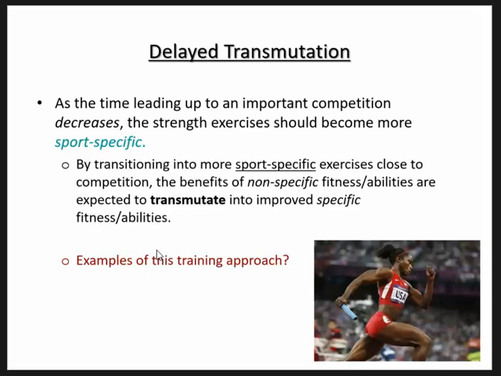That's the specific fitness because that relates to her marathon performance. But she got that performance by doing resistance training with muscular endurance protocols and then obviously some endurance runs. But that's taking non-specific fitness and transmutating it into something specific that we can work with in our sport.